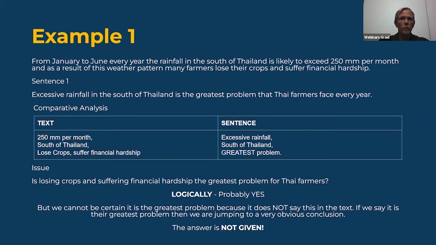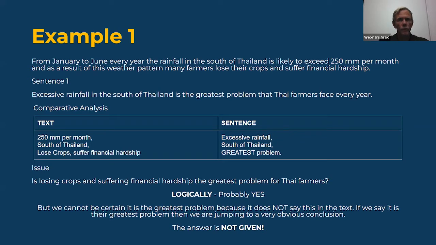Now, when we do a comparative analysis between the text and the sentence, we can compare phrases to see if they are in fact the same. 250 millimeters per month, okay, and in the sentence we have excessive rainfall. 250 millimeters per month is a great deal of rain.